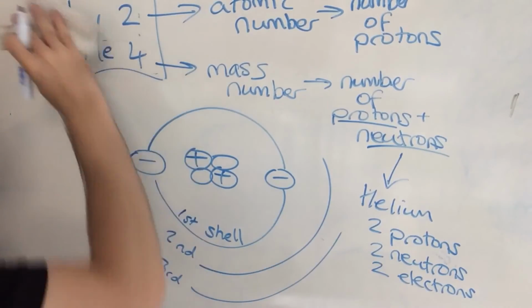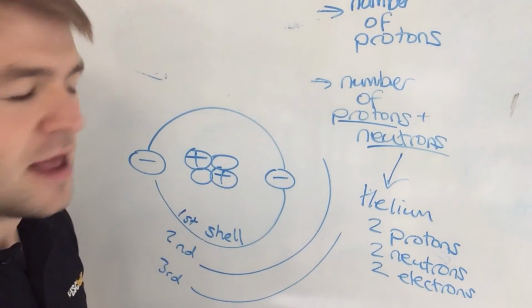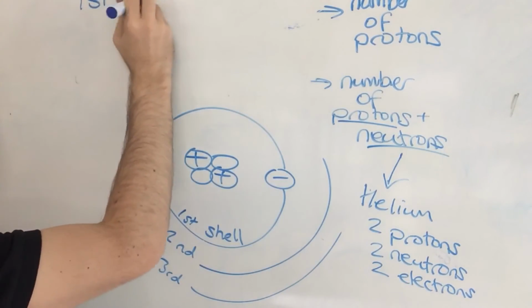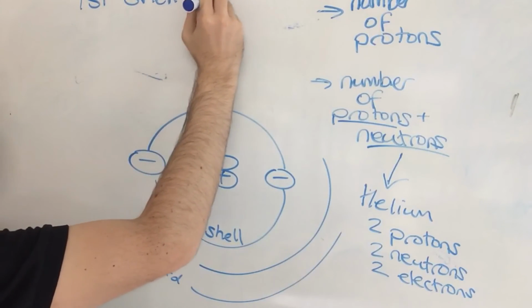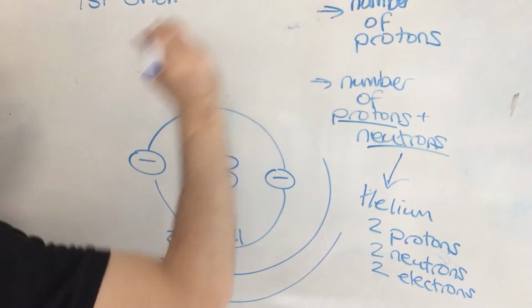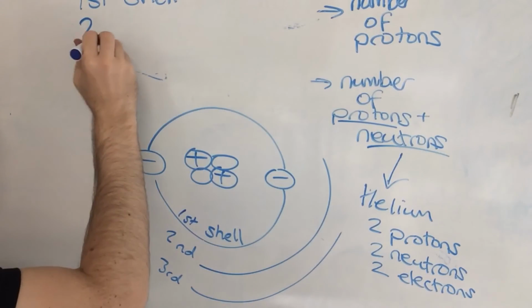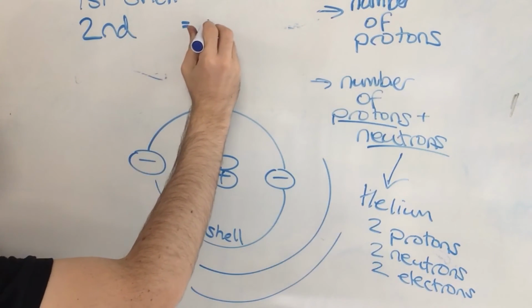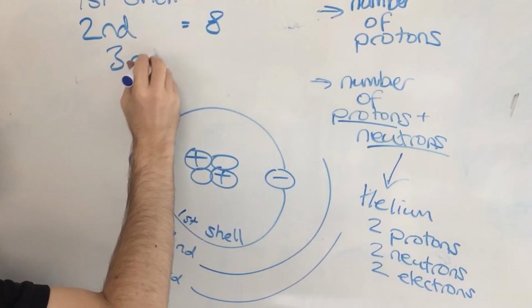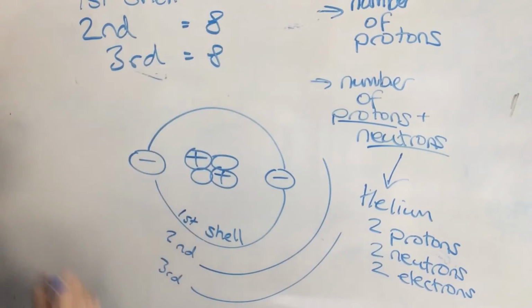What you actually have in the first shell, there's maximum 2 electrons. In the second, it goes to 8. In the third, it goes to 8.